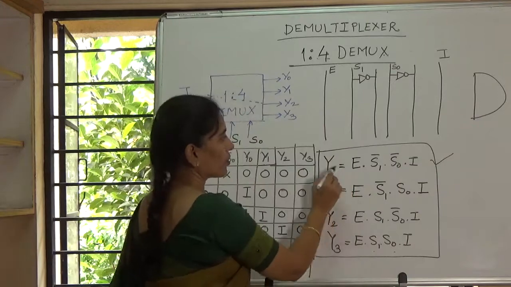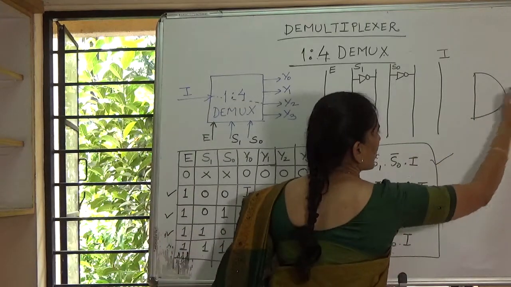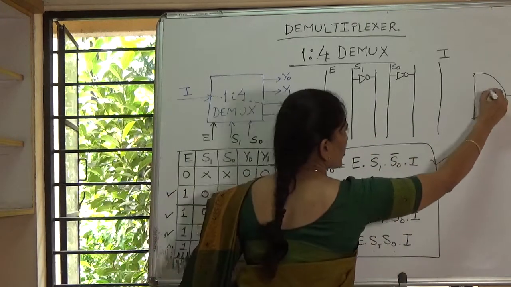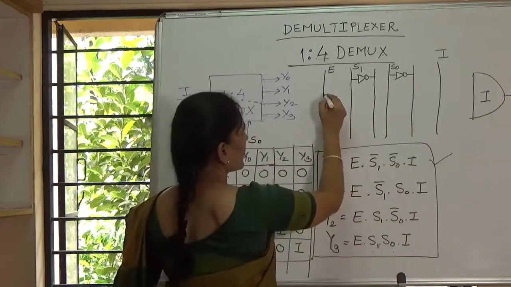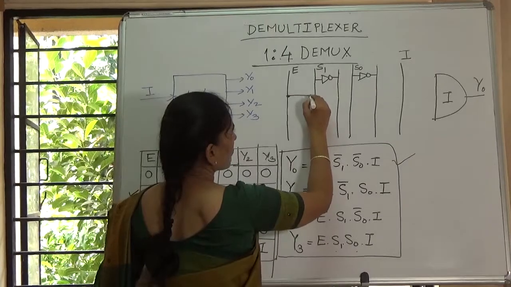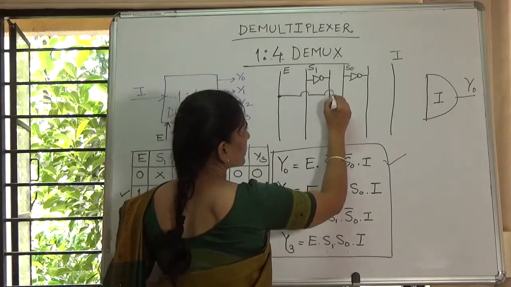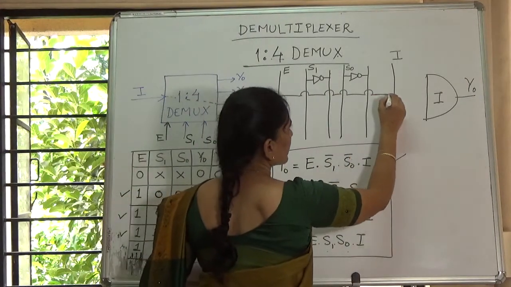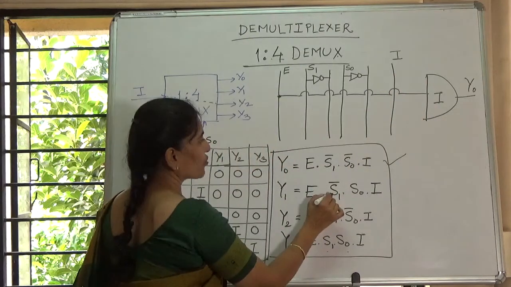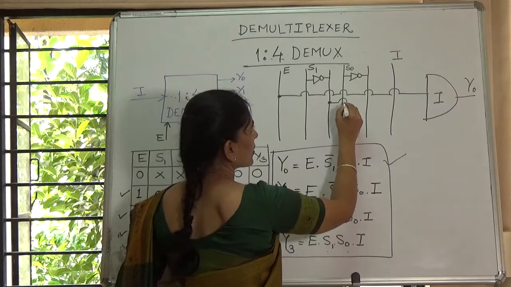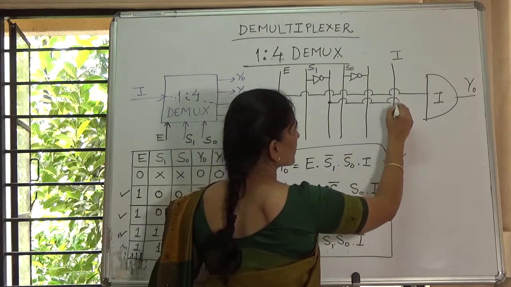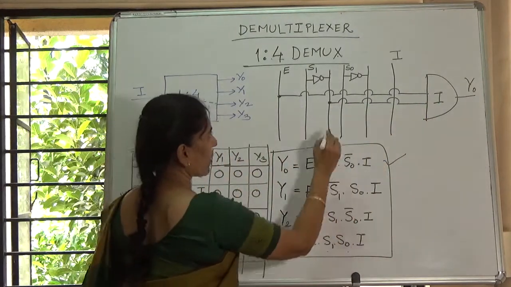The first input for this first gate, which generates Y0, is from E. The second is from S1 bar. The third is from S0.